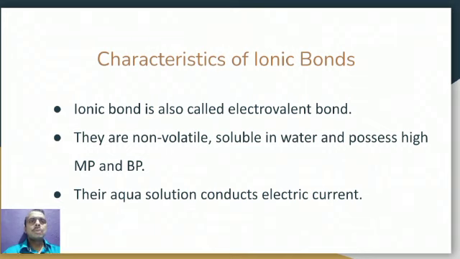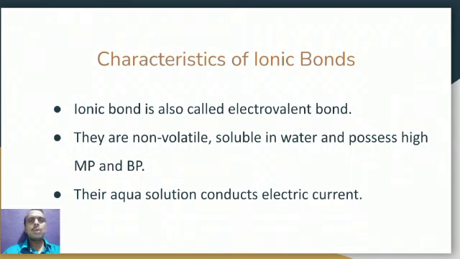Now, saying its characteristics, as we know, ionic bond occurs in those molecules which have formation of two oppositely charged ions, and whenever two oppositely charged ions form, there is a strong electrostatic force of attraction, and such a bond in the molecule gives a high melting point and a high boiling point.